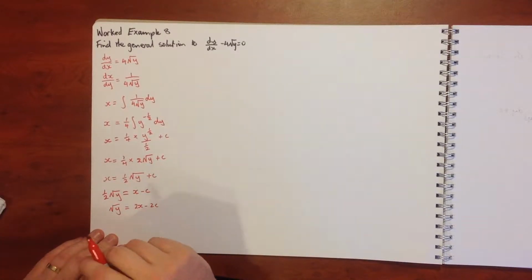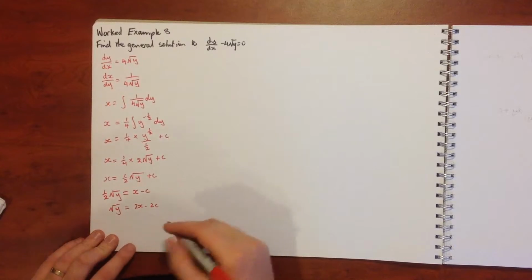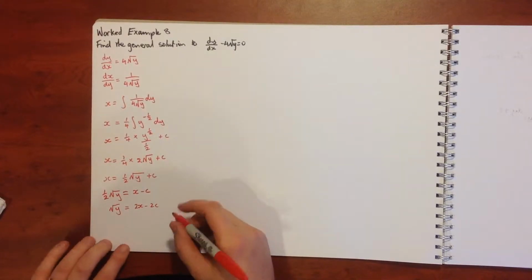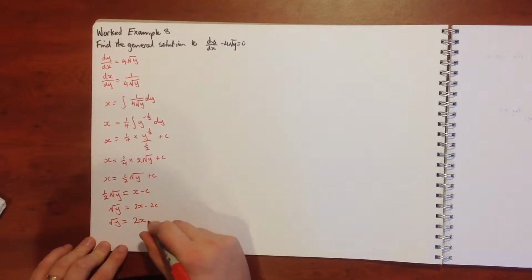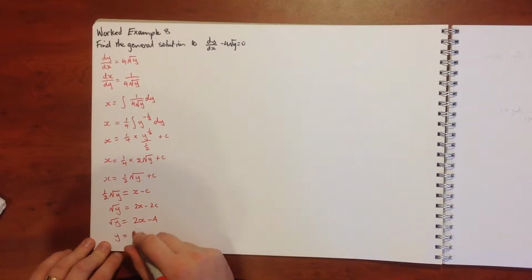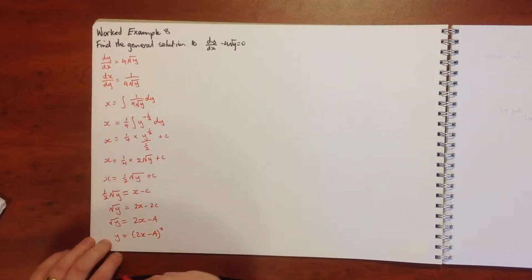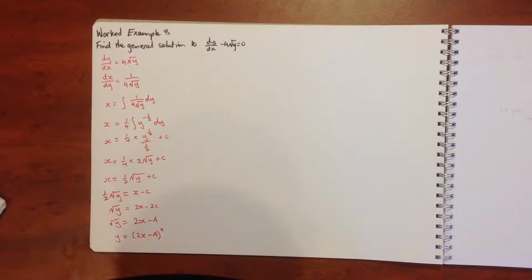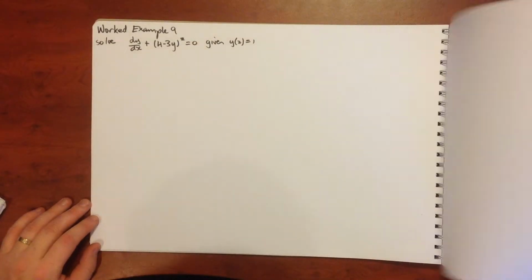Since c is a constant, 2c is also a constant, so we replace 2c with a. We'd say root y equals 2x minus a, so y equals (2x minus a) squared, where a is just a constant.